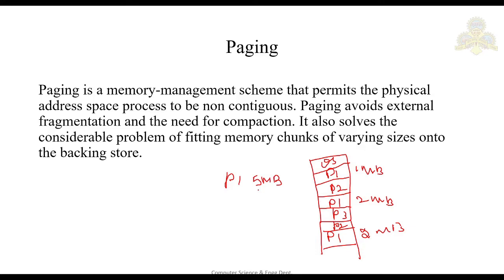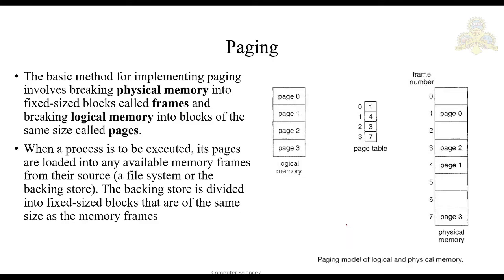If we have a 5 MB process, and suppose each of these blocks is 1 MB, then we can keep this 5 MB. Say it is like 2 MB here, 2 MB here, and 1 MB here. In this case we have wasted 1 MB of the space which has been given to this particular process's page. Okay, first let's see what is paging.